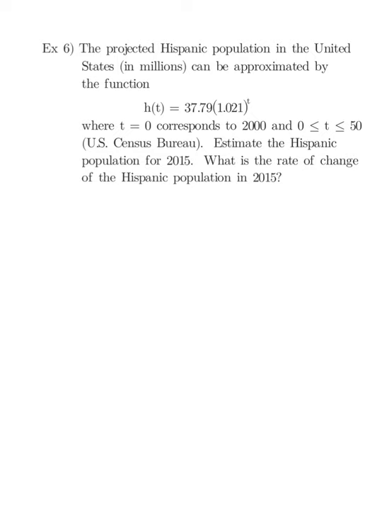Now we have two questions. One says, estimate the Hispanic population for 2015. The second says, what is the rate of change of the Hispanic population in 2015? That first question, because it just says, estimate the Hispanic population in 2015, wants us to just put 15 into the original.